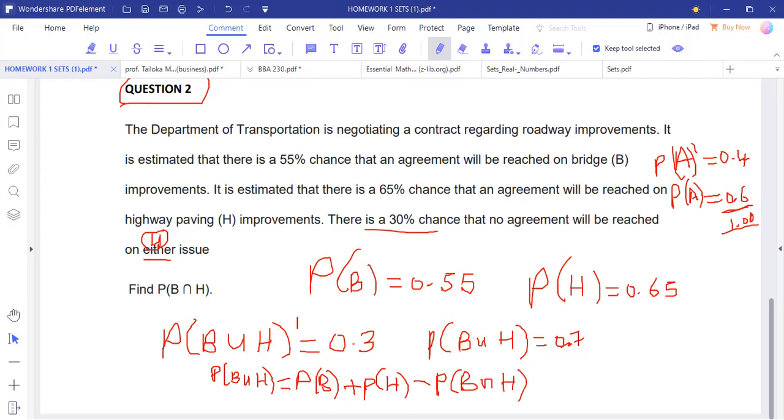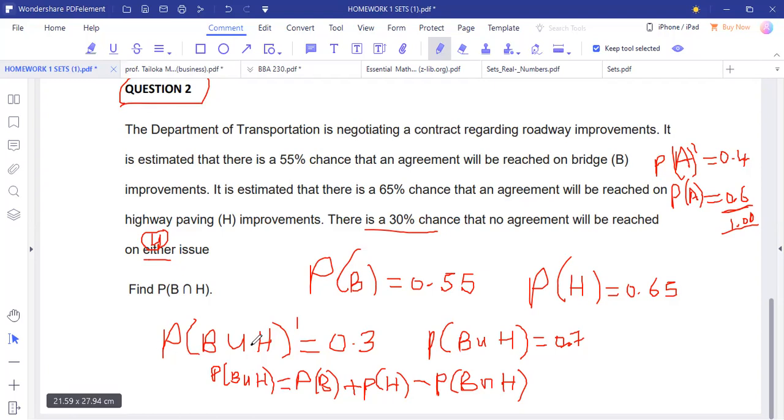So this question was not a straightforward question. It needed us to go deeper. You can now substitute so that we can find the probability of B intersection H. Are we together up to this level? The probability of B is 0.55, the probability of H is 0.65.